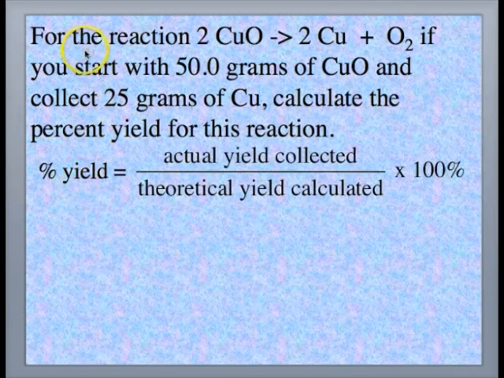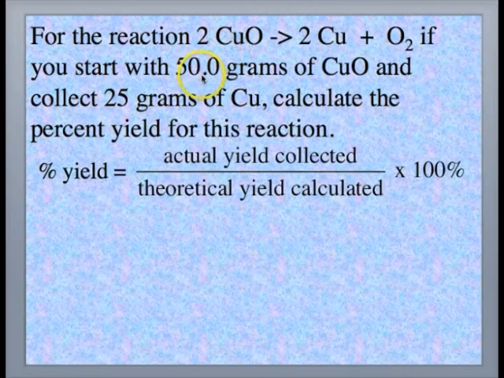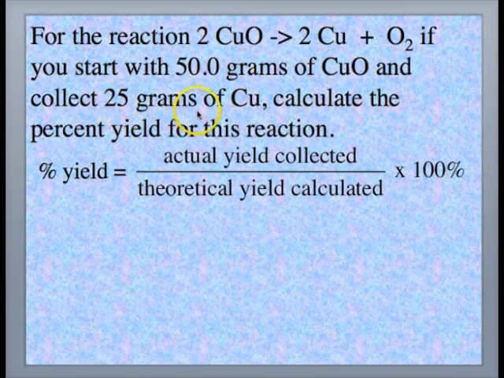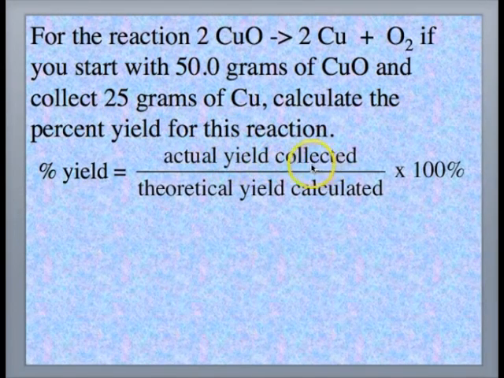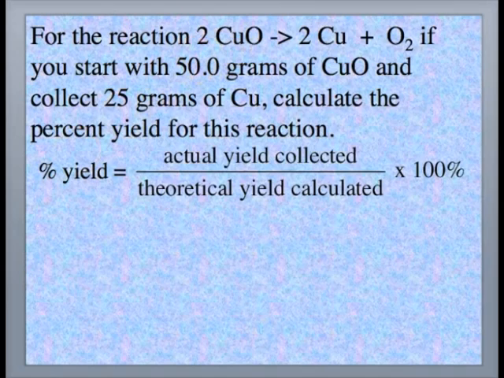So for this question, we have a reaction, and if we start with 50 grams of cupric oxide and collect 25 grams of copper, calculate the percent yield. So the 25 grams of copper is the actual yield collected. That's what we actually collect. And the theoretical yield is what we have to calculate doing a regular stoichiometric determination.